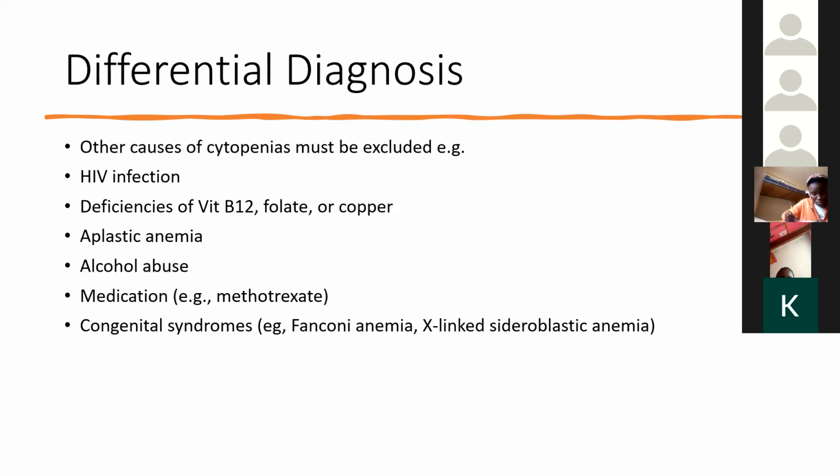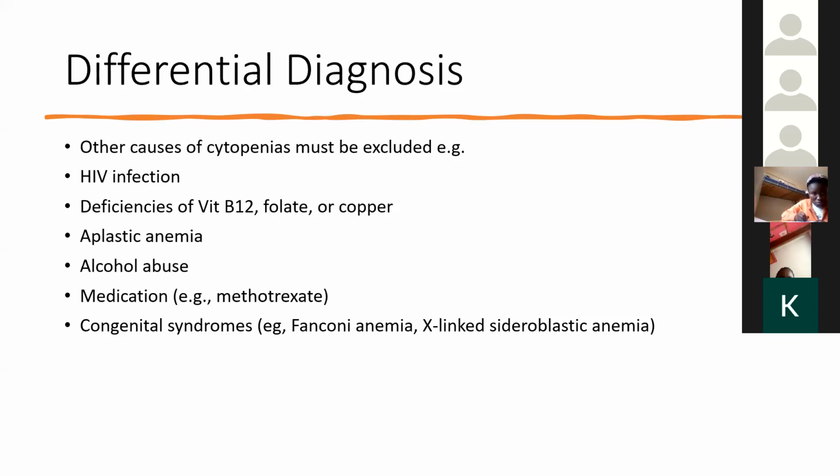Deficiencies of vitamin B12, folate, or copper. Again, you find a patient with macrocytosis. We need to do that to exclude that. Exclude aplastic anemia. Again, a bone marrow would be useful because aplastic anemia may present with a macrocytosis.